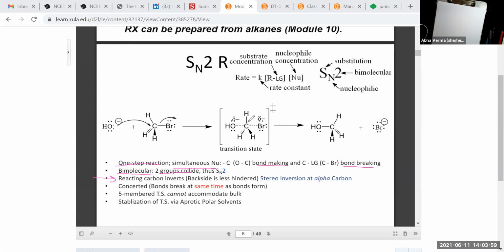Because of the probability that a 5-membered transition state has to form, there will be bulk, there will be crowding all over. So this part of your carbon is a flat part. Okay, OH on one side, that is the incoming nucleophile, and the Br on the other side.